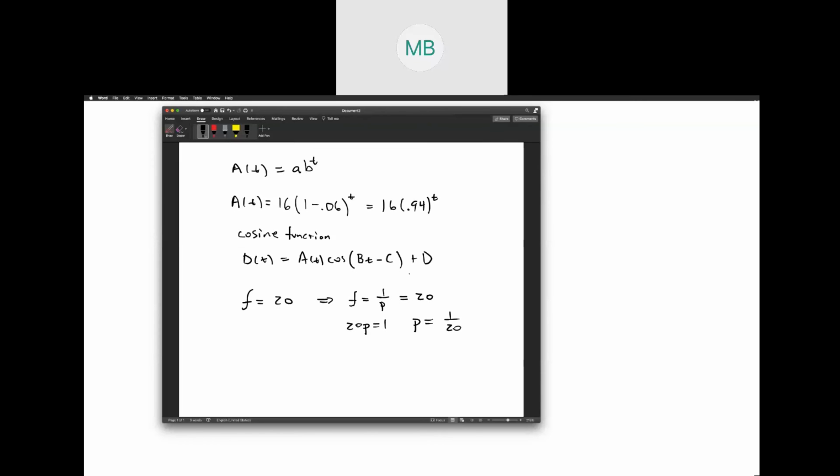So now we've found the period. Now we look at b, this coefficient. We know that the period p is 2 pi over b. So now we can solve for b.